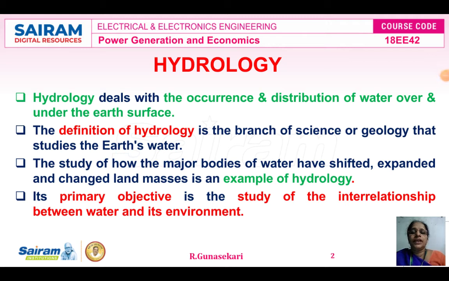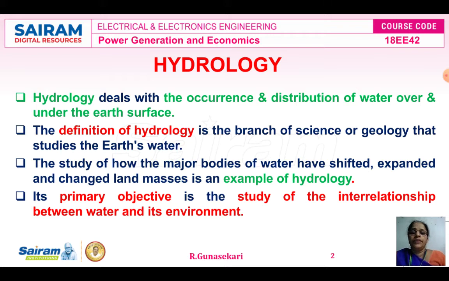The first technical term is hydrology. Hydrology is nothing but the occurrence and the distribution of water over and under the earth's surface. What is the definition of hydrology? Hydrology is the branch of science or geology that studies the earth's water.